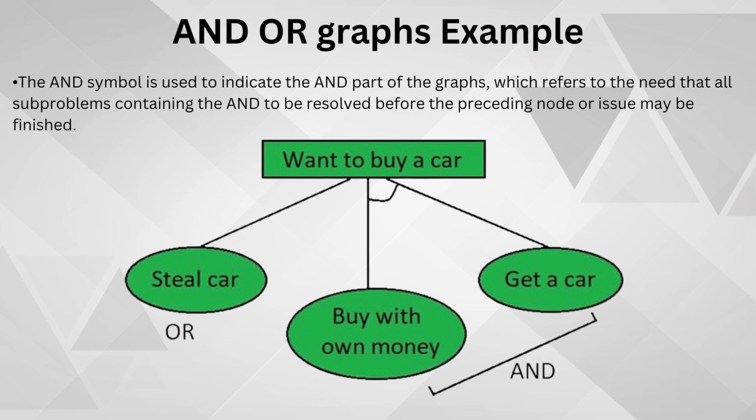The AND symbol is used to indicate the AND part of the graph, which refers to the need that all sub-problems containing the AND be resolved before the preceding node or issue may be finished.